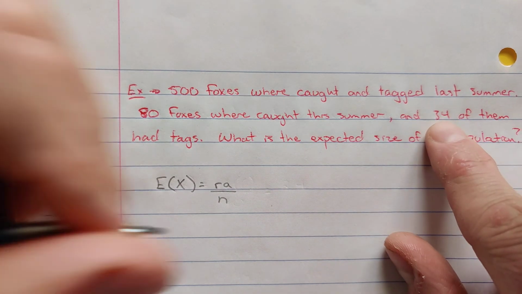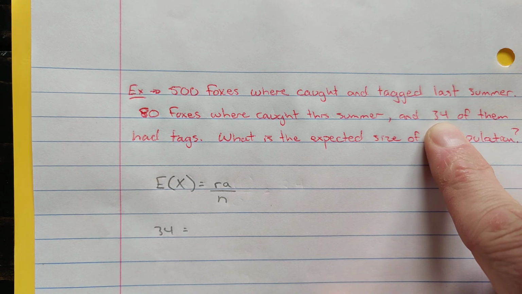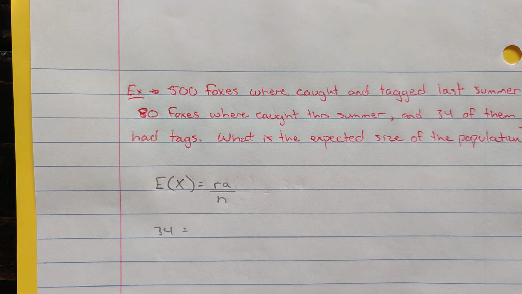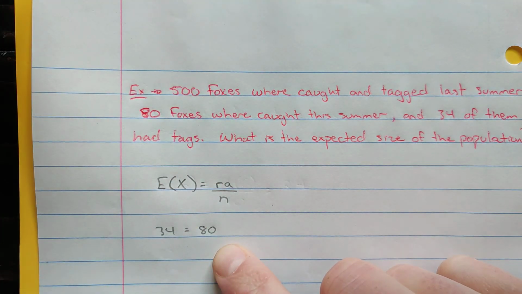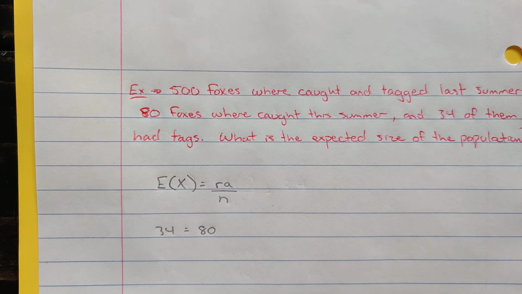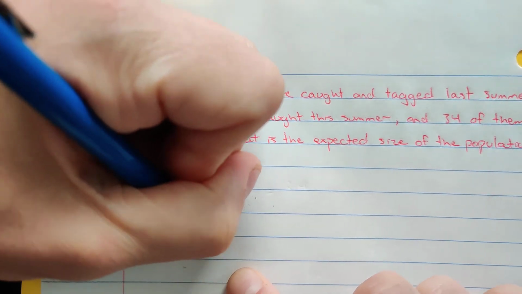So this is our expected value, 34. Our number of foxes that we caught is 80. And so those are the number of, it should be the successful outcomes.